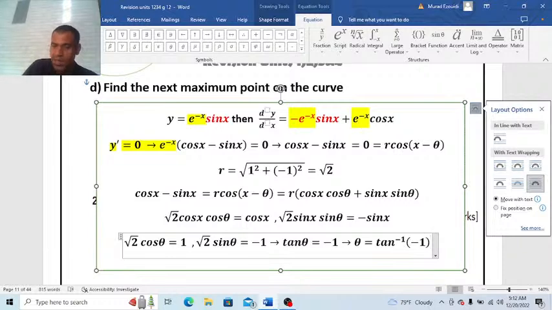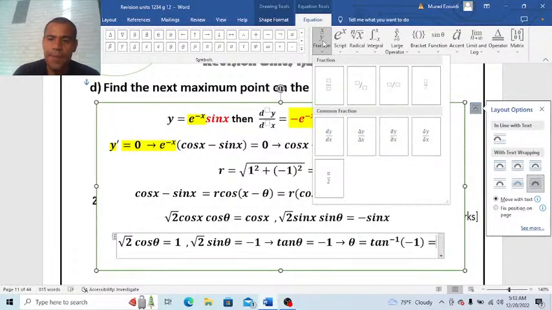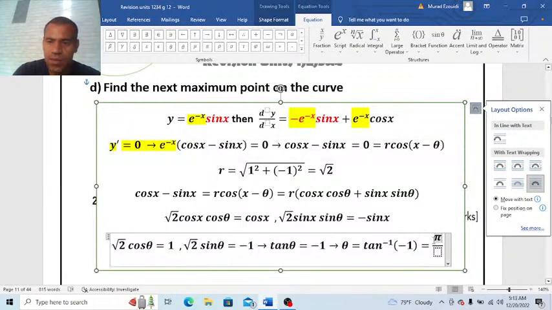So it will be negative 45, negative pi over 4, which is negative 45. Negative pi over 4. Okay.